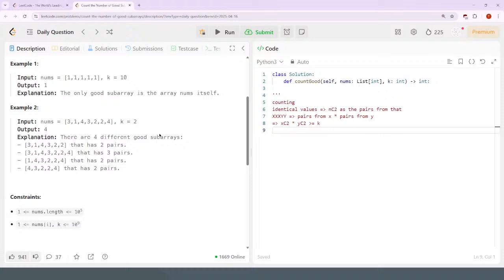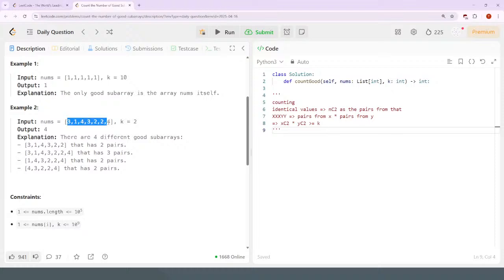And then what you do from there, you remove elements from the left or right side from the whole subarray. So you count the sum of number of pairs within the whole array. That's 3.